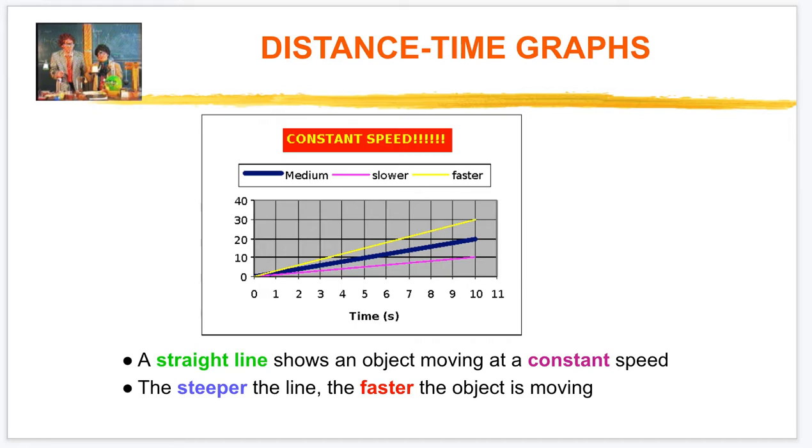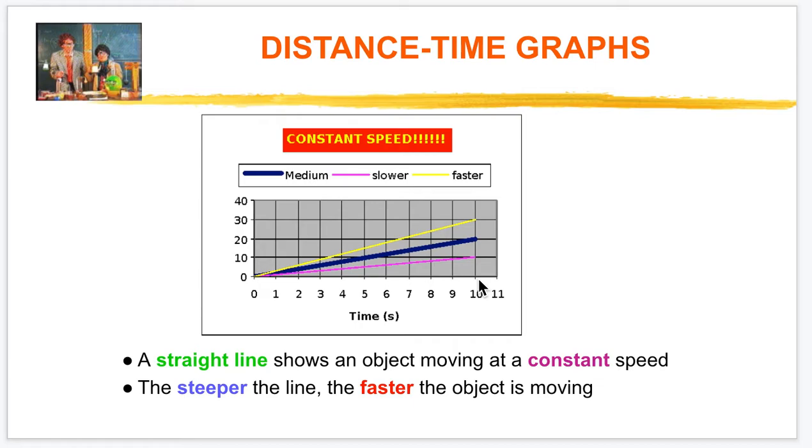So if we see here on ours, we see a yellow line, a blue line, and a pink line. The steeper your line is, okay, think about it like a ramp. The higher it is, the steeper it is, the faster you're going. And that makes sense. Always look at it to help you see. So let's look at all of these because all of these lines end at our 10 seconds.